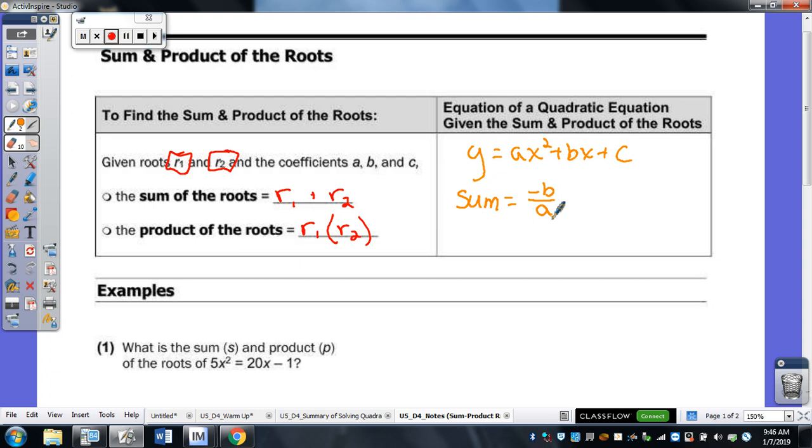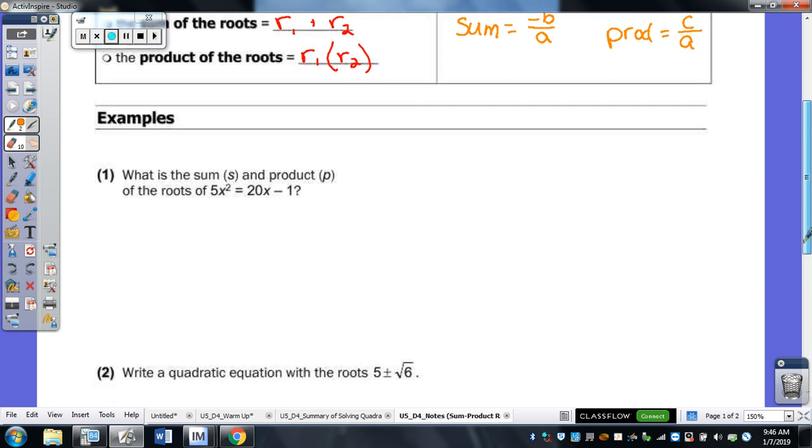So again, b value comes from in front of the x, a is in front of your x squared term. Your product is c over a. So c is just your last number, and again, a comes from in front of your x squared term. So whether you know your two roots and you can actually add them or multiply them, or you have your equation, you can always figure out your sum and your product of your roots pretty quickly.